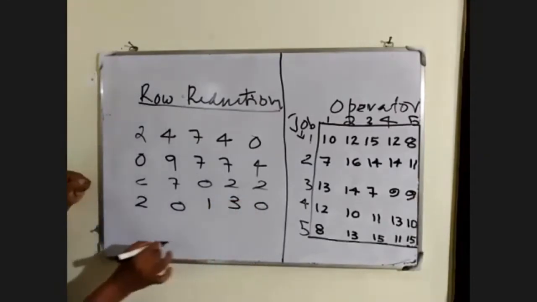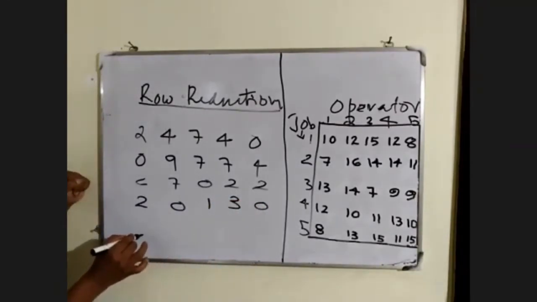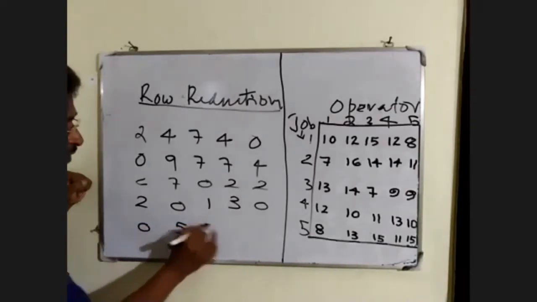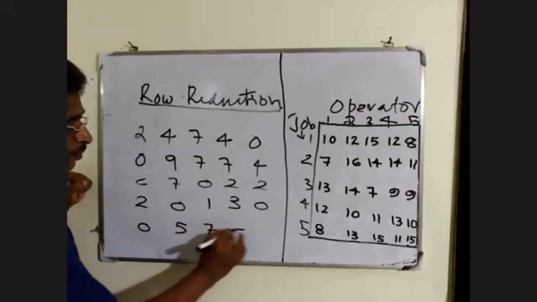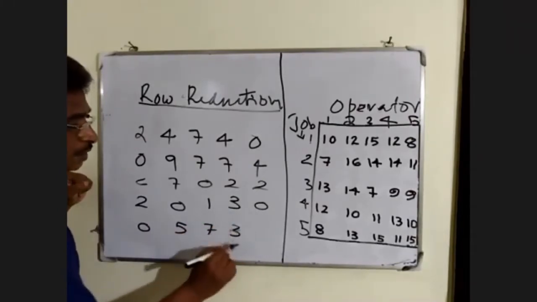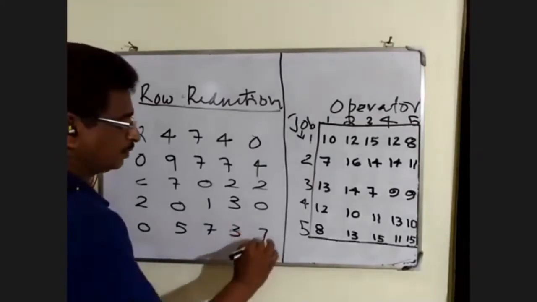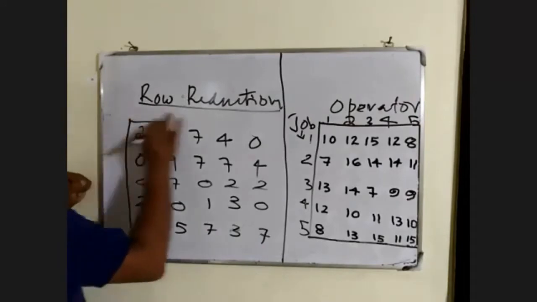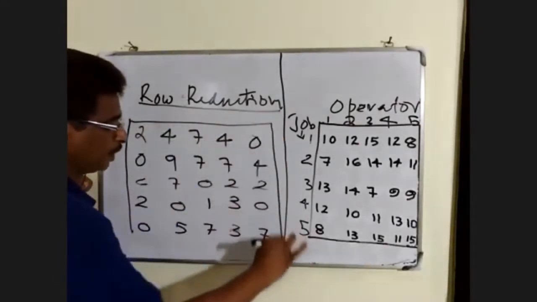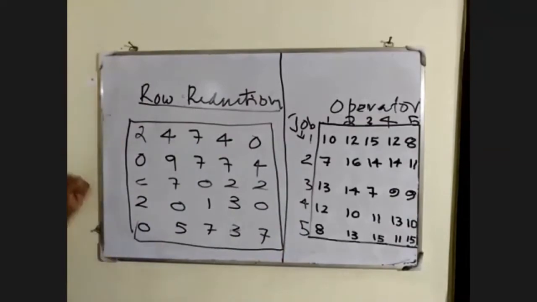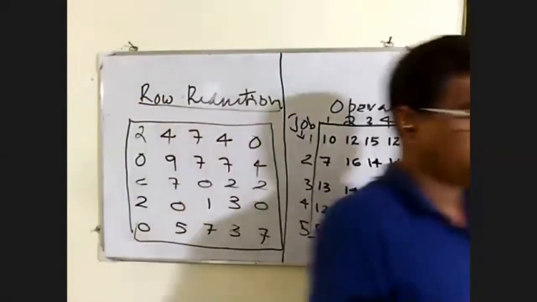Next, 8 is the minimum value, giving 0, 5, 5, 7, 7, 3, 4, 3. This is the row reduction. That's the first step. Clear? Any doubt? No, sir.